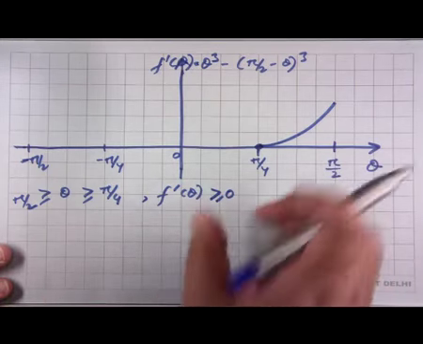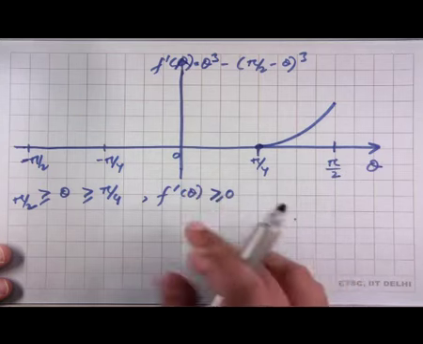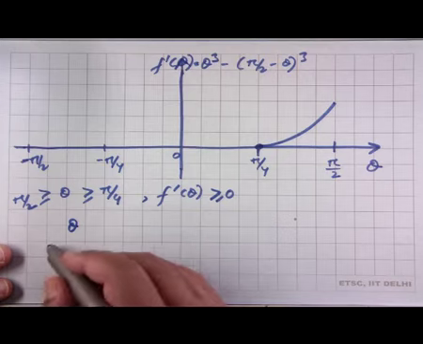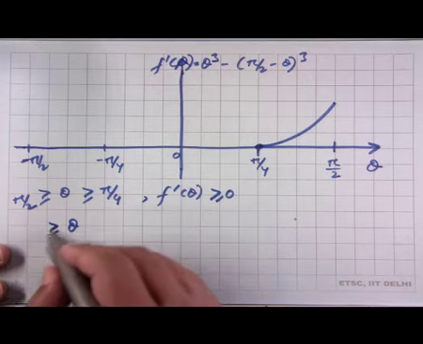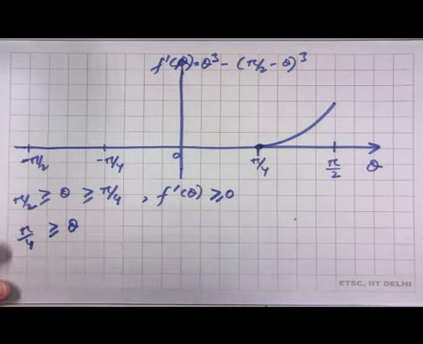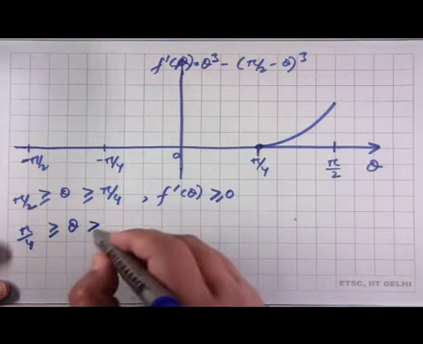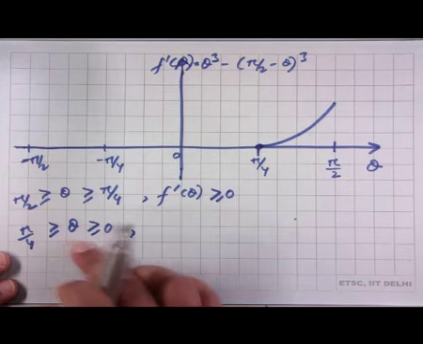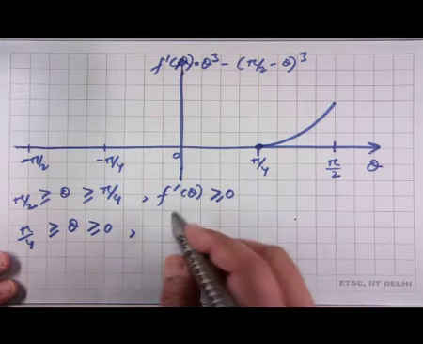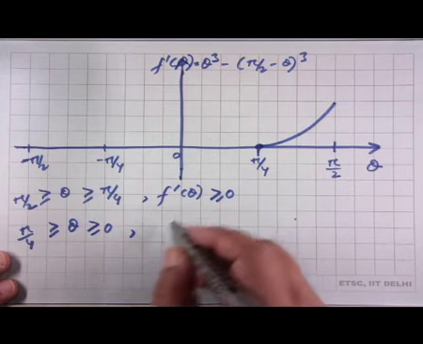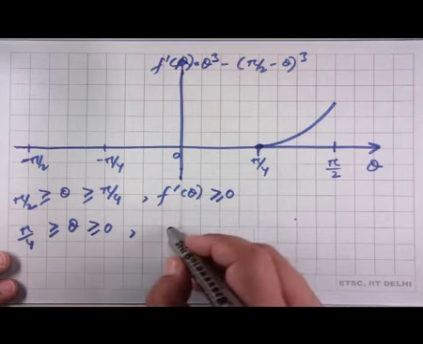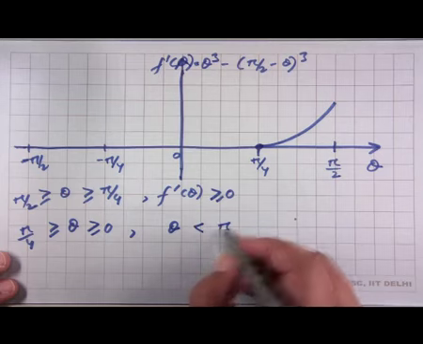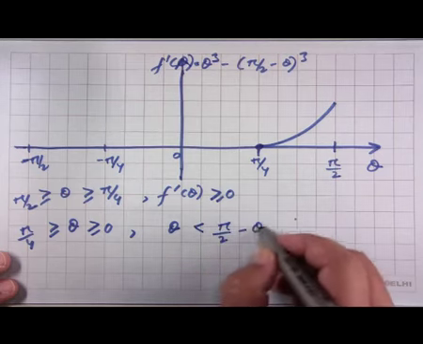Then let us look at the other interval, where theta is less than or equal to pi over 4, but theta is positive. When theta satisfies this condition, theta will be less than pi by 2 minus theta.